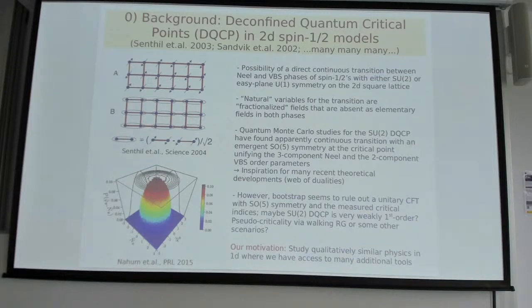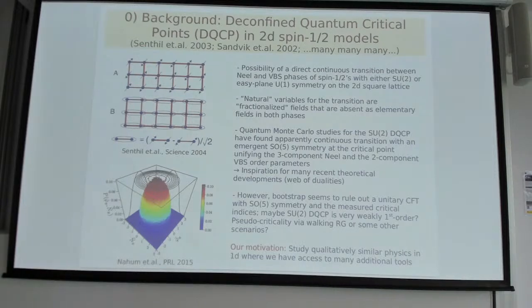The hallmark of DQCP, in the original theory, is that the natural variables to describe the transition are fractionalized fields that are absent on either side of the transition. This was proposed back in 2003 by Senthil and collaborators, following some prior work by Anders, who is in the audience, and there have been many subsequent theoretical and numerical studies of this phenomenon.